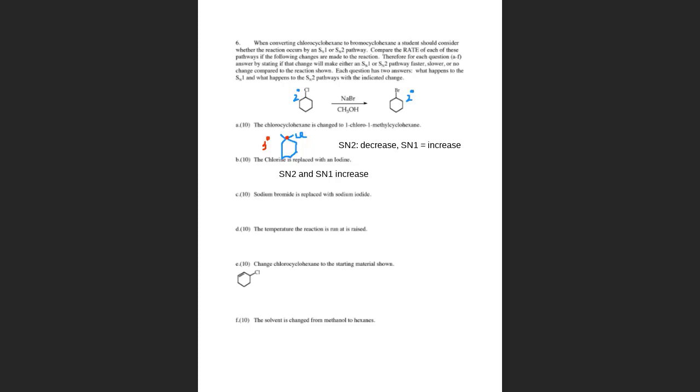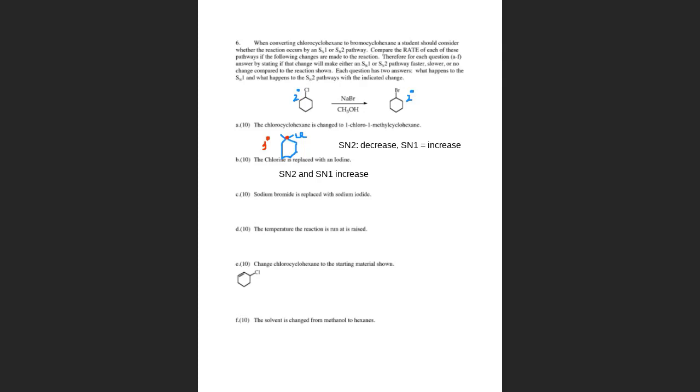All right. Now let's do C. Sodium bromide is replaced with sodium iodide. Okay, so bromide was the original nucleophile in our original molecule. And now we have iodide, which is a better nucleophile. Any guesses? Yes, it does have to do with the chart.